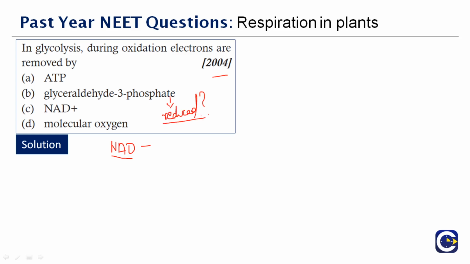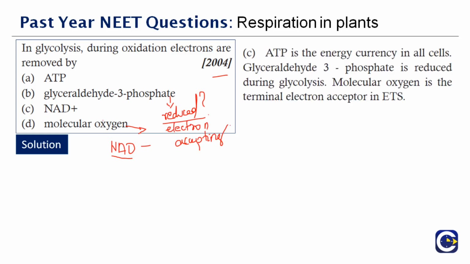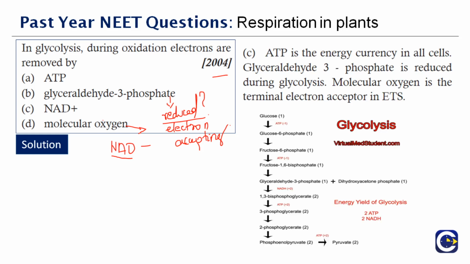Molecular oxygen is a terminal electron acceptor, so molecular oxygen will help in electron accepting. And NAD+ is responsible for electron removal. Therefore, the correct answer to this question is option C, NAD+.